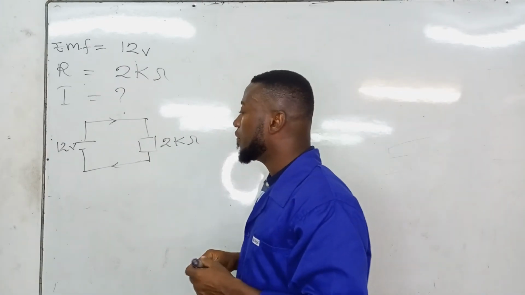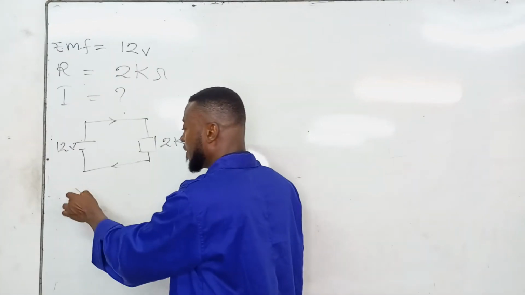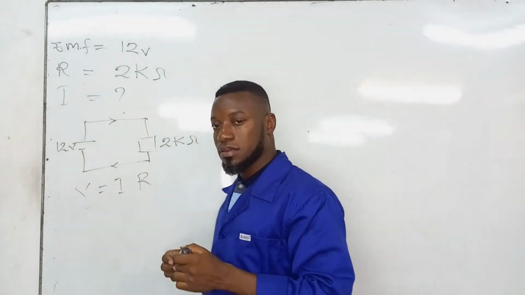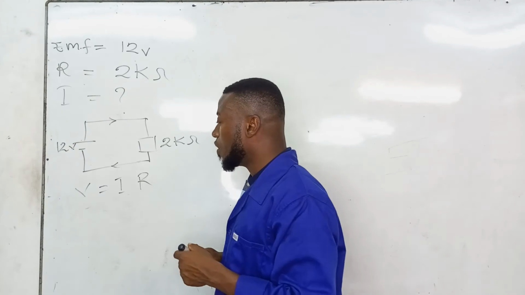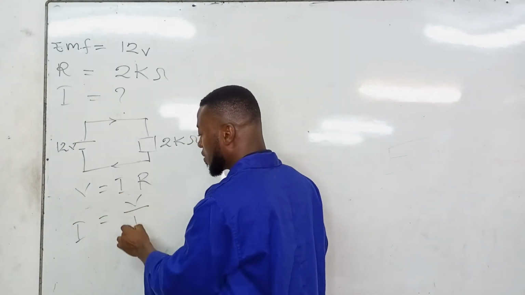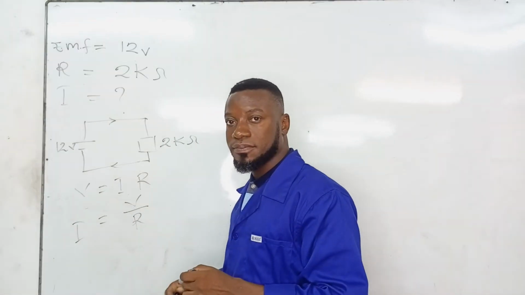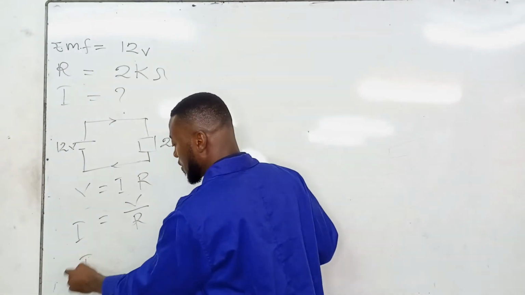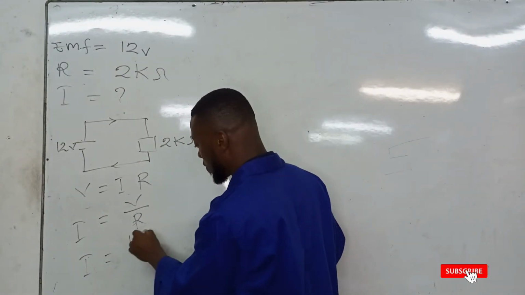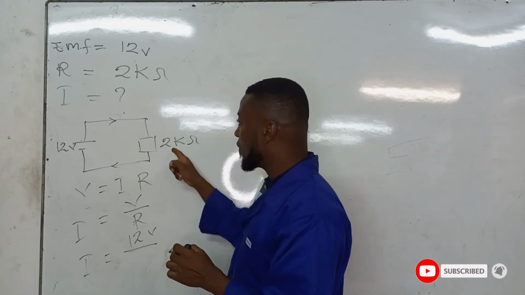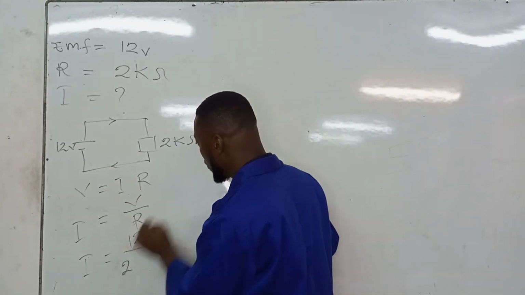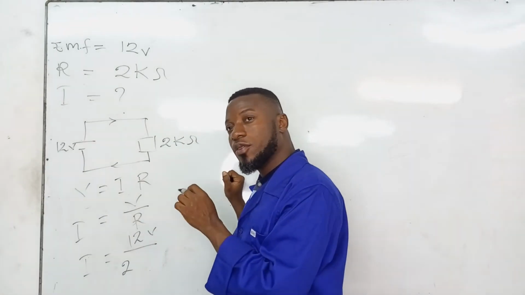So quickly, we refer to Ohm's law, which says that V or E.M.F equals current times the resistance. By simple algebra, we can say current is equal to voltage over the resistance. Current will become, the voltage is 12 volts, then the resistance is 2 kilo ohm, whereby kilo is 1,000.